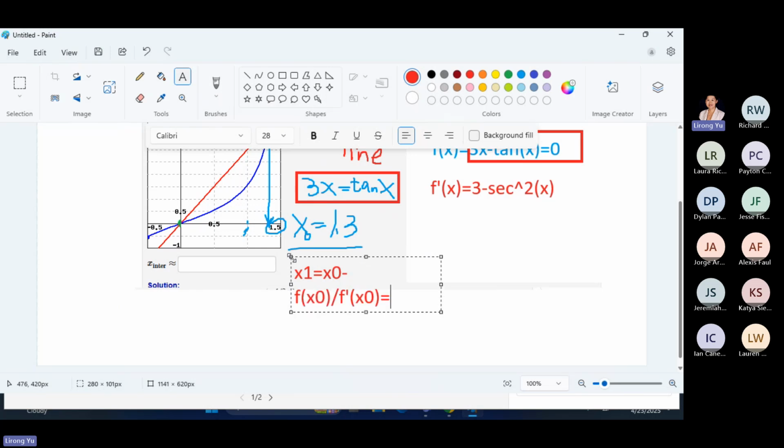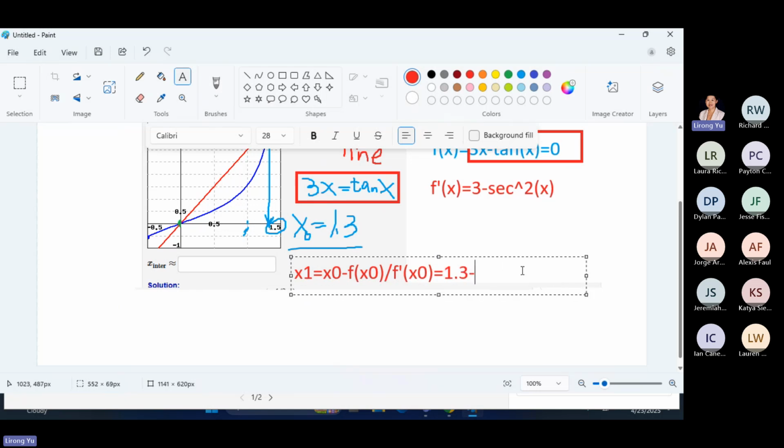So it's repeated calculation of the same thing. You need x0, which is 1.3, minus the function value at 1.3 divided by the derivative value at 1.3. Both of these need to be calculated.